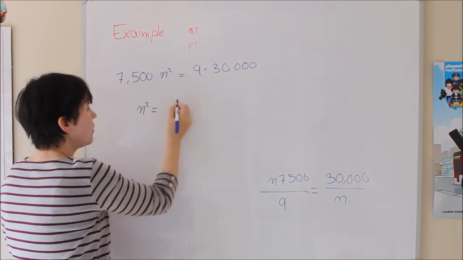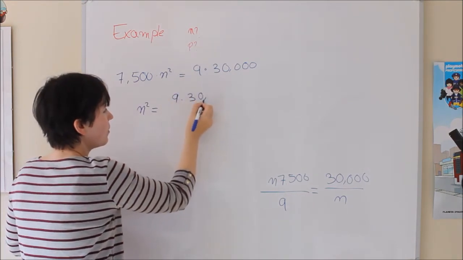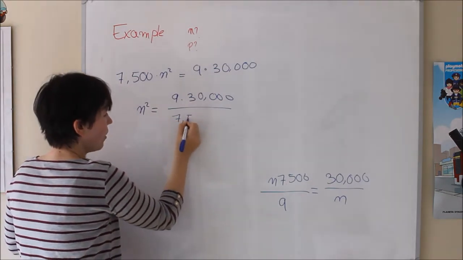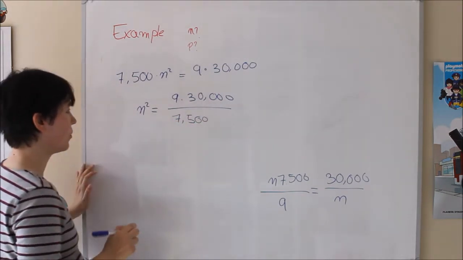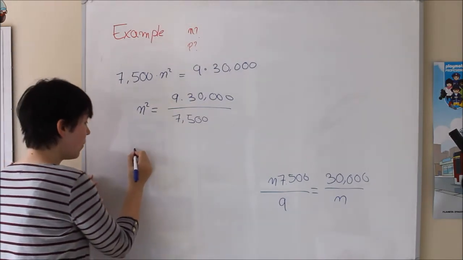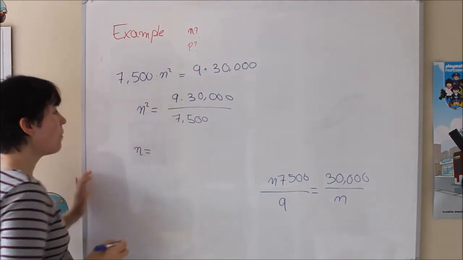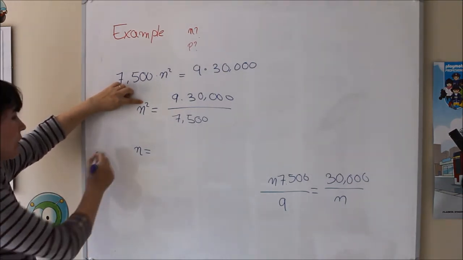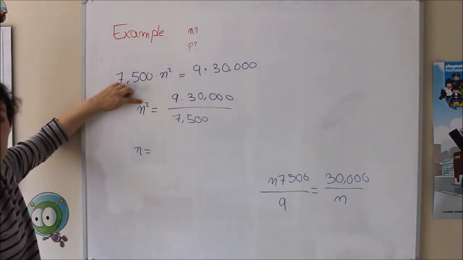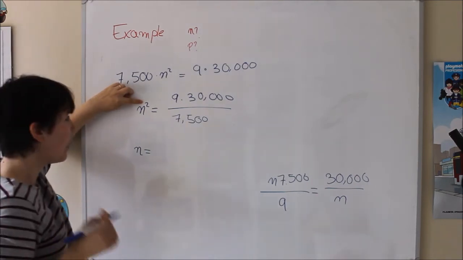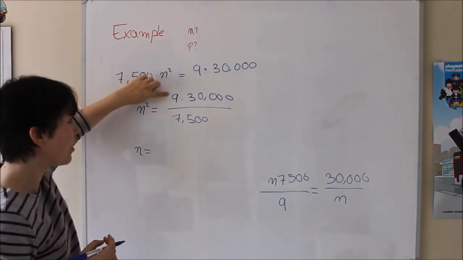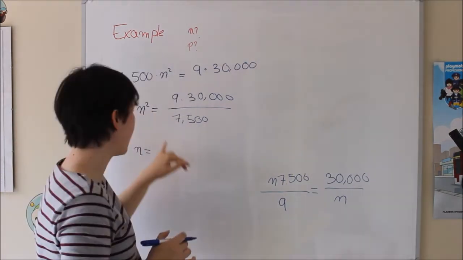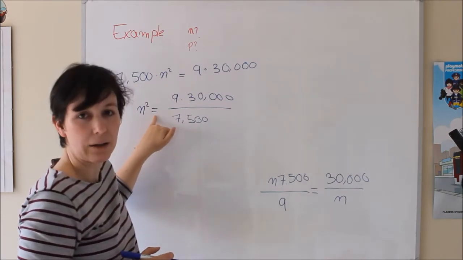N squared then is this times this one over 7,500. To get the value of n, because here we have a squared, we need to do just the square root, and then we are going to get the value of n. And the square root here also has to be applied to the other side. Otherwise, you are not being honest with the equality.